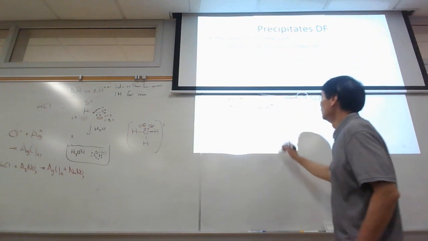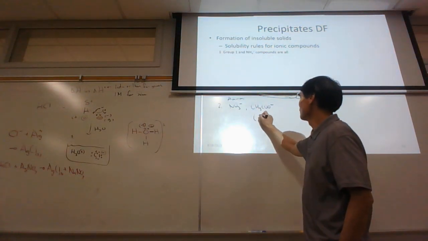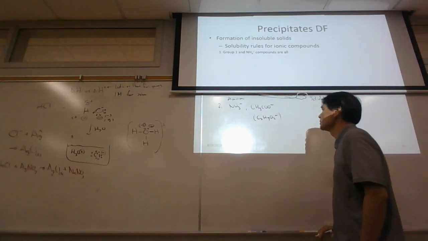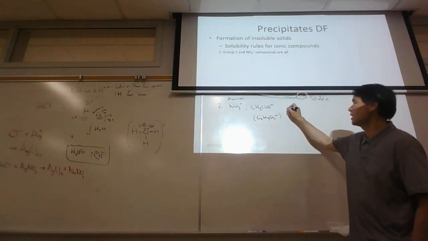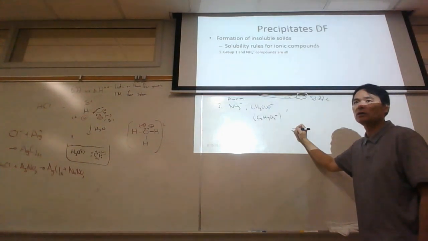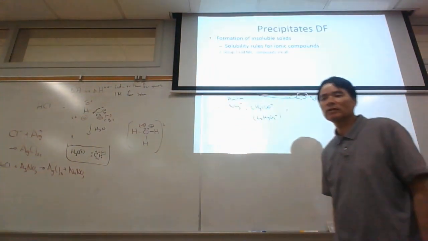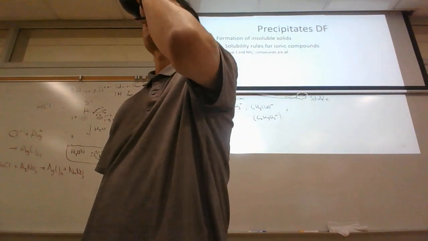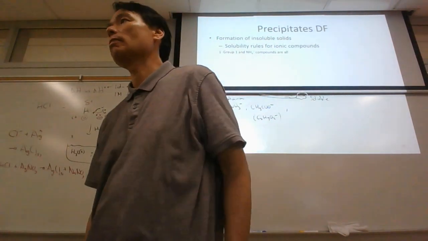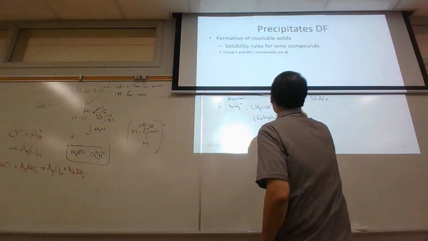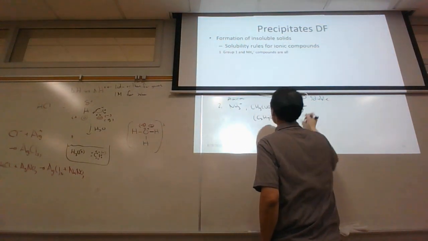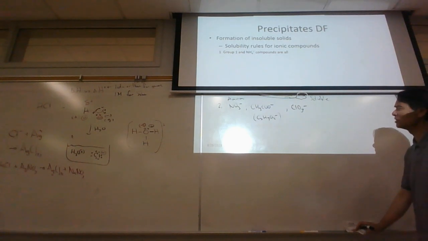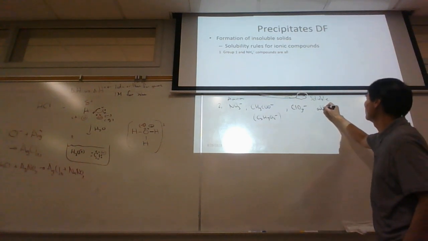Acetate. Acetate is commonly written like this, or C2H3O2 minus. Nitrates, acetates, and chlorates. Do you remember the formula for chlorate? ClO3 minus. Good memory. Nitrates, acetates, and chlorates are all soluble.